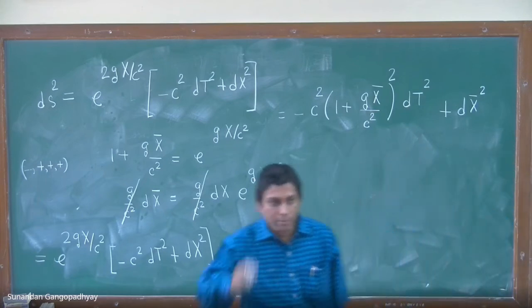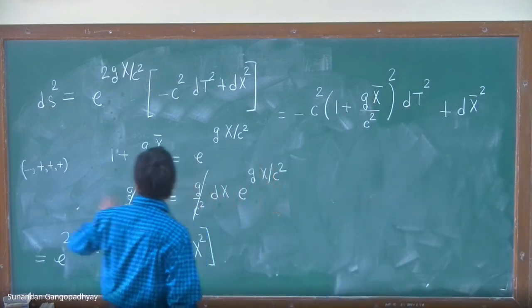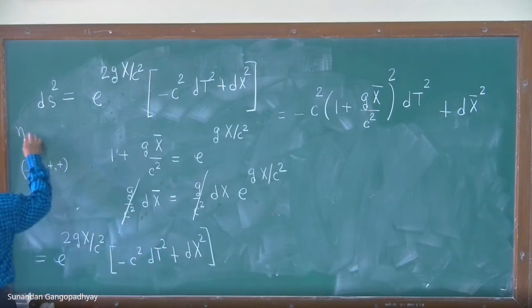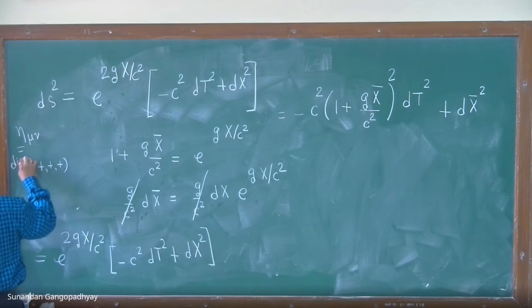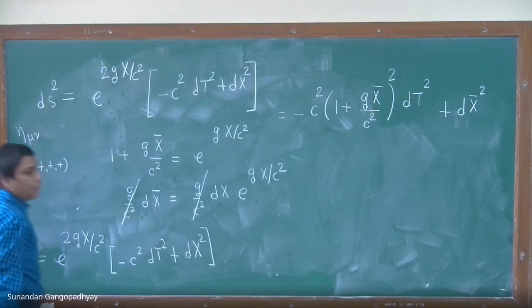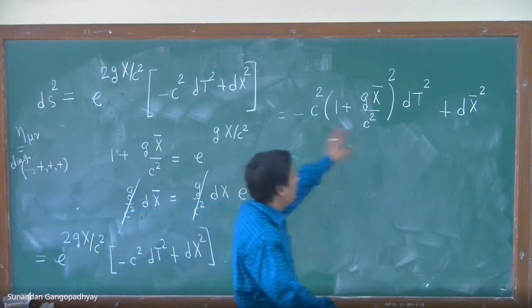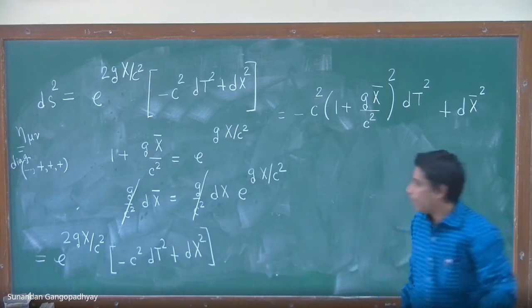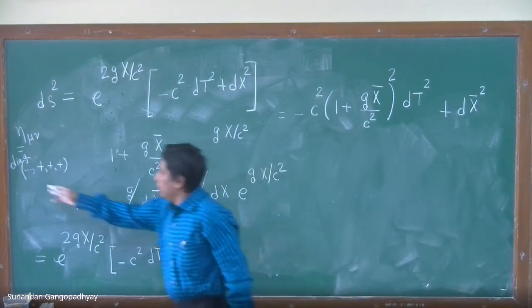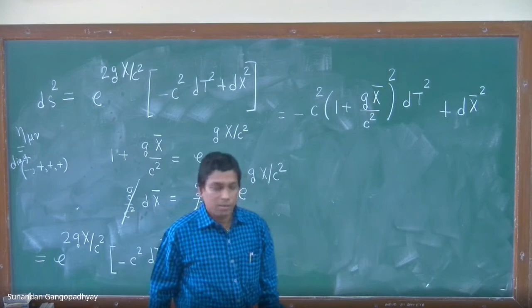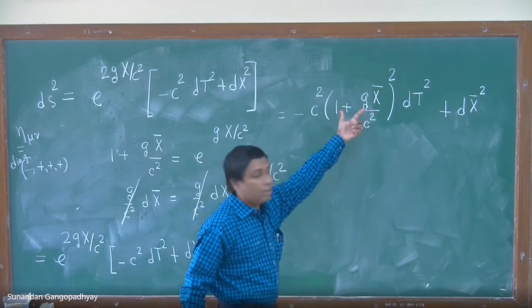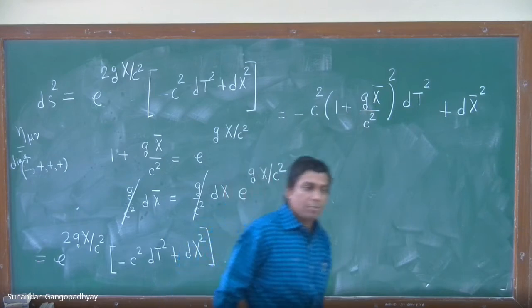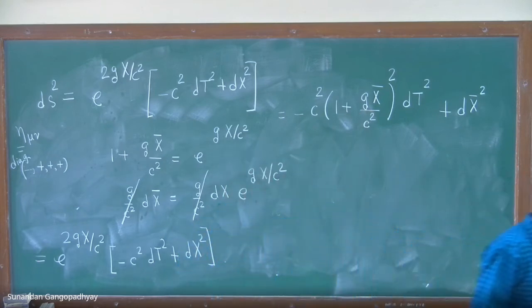I told you at the beginning of the lecture that the Minkowski flat eta mu nu, or eta ab, whatever, is diagonal, and we are using the mostly positive signature. In the curved spacetime, these are not constants. So you can see that this is not a constant. The metric is actually dependent on the spatial coordinate in this case.